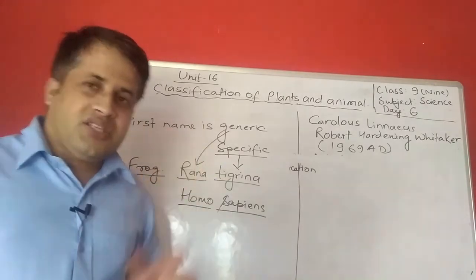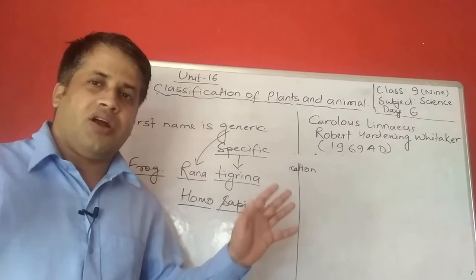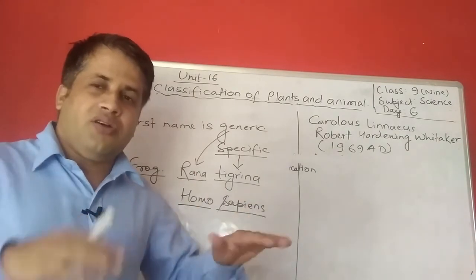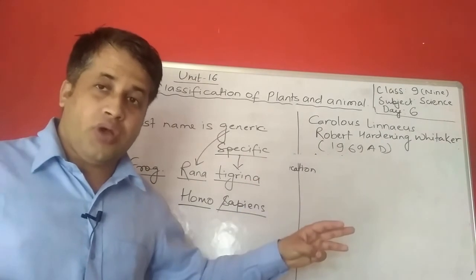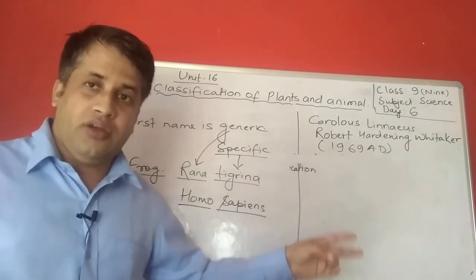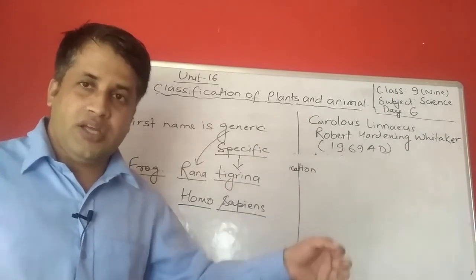In this system, he broadly categorized living organisms on the basis of common features, like whether they are prokaryotic or eukaryotic, whether they are unicellular or multicellular.